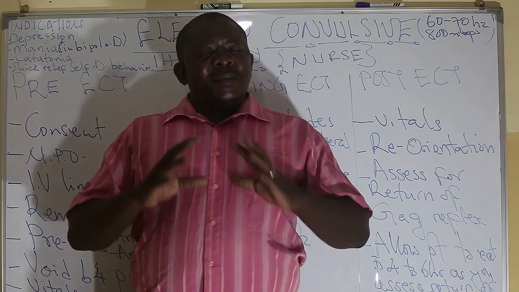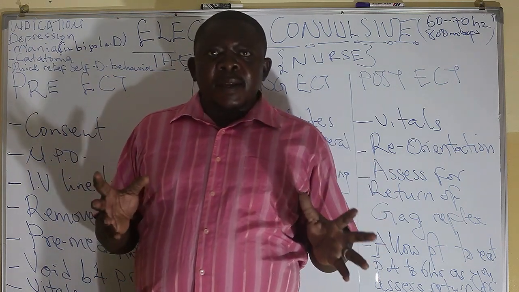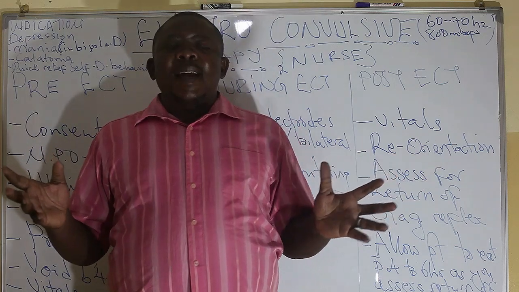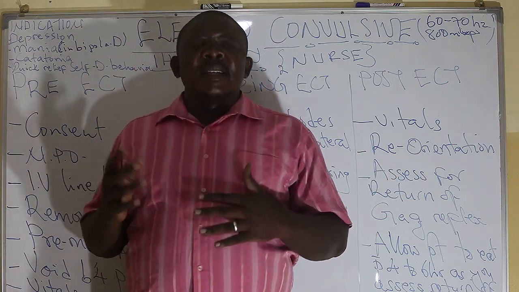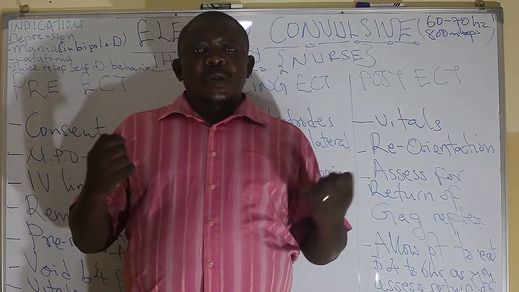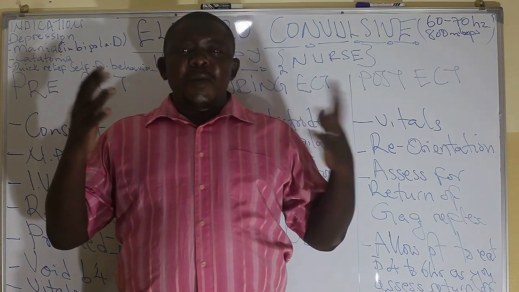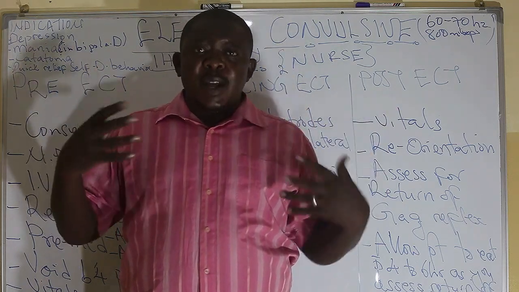That is the main aim of electroconvulsive therapy. Of course, it can be administered unilaterally or bilaterally. Some of these electrodes may even be placed on a kind of headgear that the patient will need to wear.